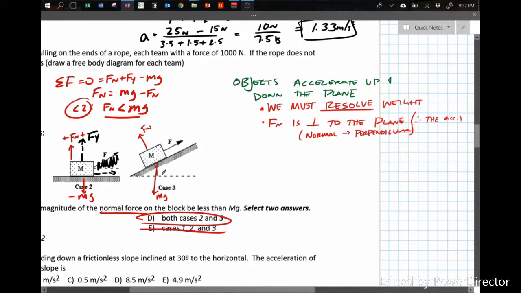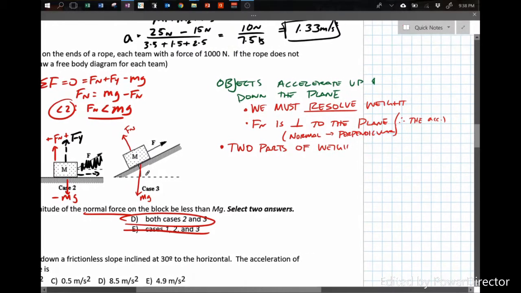So what we do have to do is break up the weight. Because we want to break up the weight, we're looking at the 2 parts of weight. We have a part into the plane.